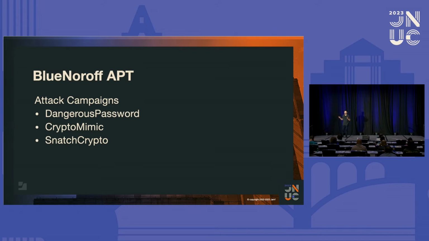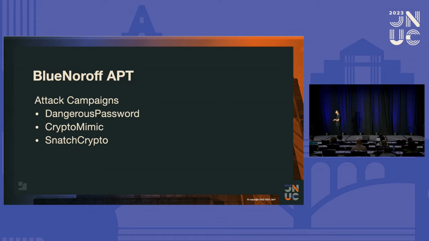So to summarize, while Lazarus is a broad umbrella term for North Korean cyber operations with varied objectives, BlueNoroff, or APT38, is a specialized subgroup within Lazarus that primarily focuses on financial theft.